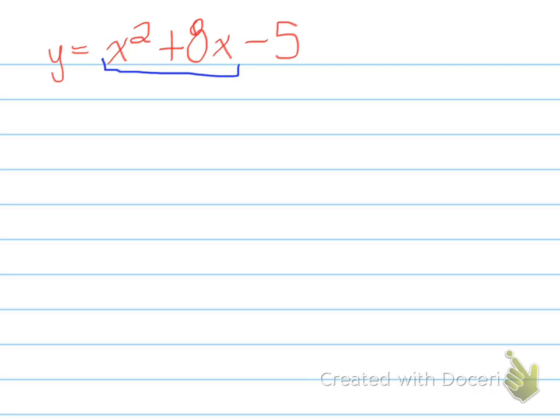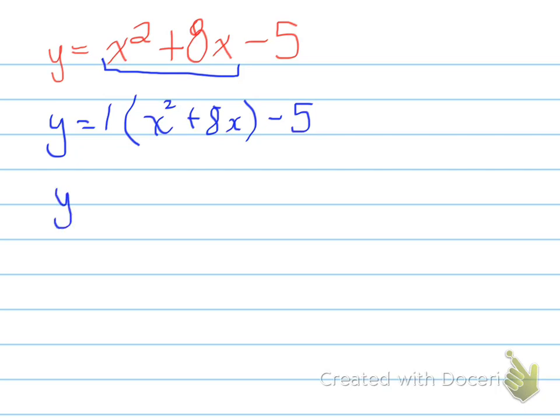That's the a value. So your first line is going to be y equals 1 times x squared plus 8x minus 5. That's the first step. Next, what we're going to do is invite twins to the party.